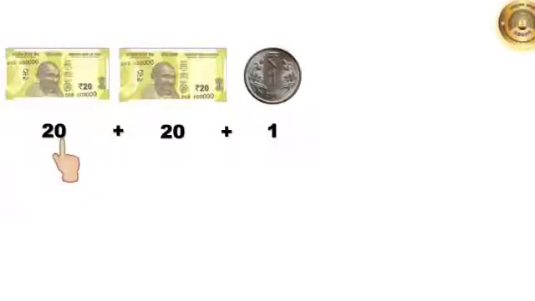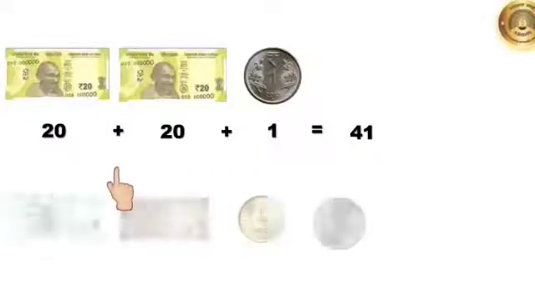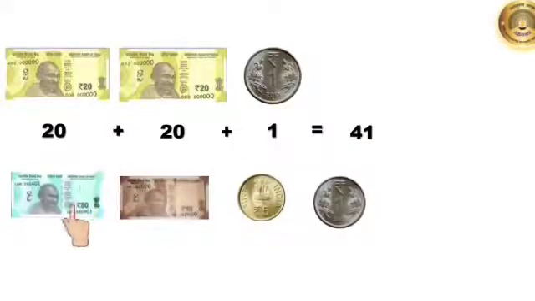Here, a 20 rupees note, 20 plus 20, that is 40, and a 1 rupee coin, the value is 1, that is equal to 41 rupees.